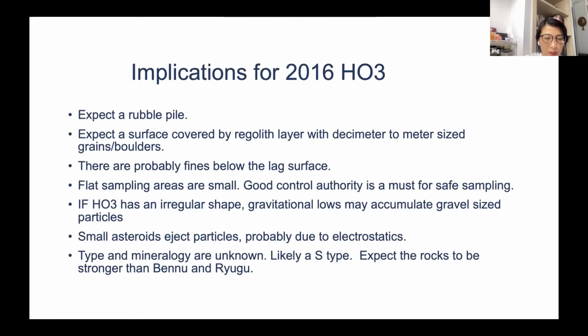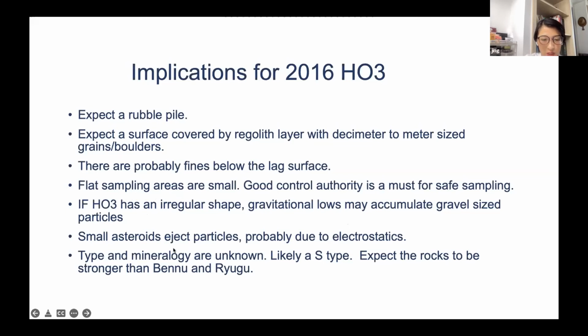Probably we can have fine grains below the lag surface if we also make a hole in this surface. It's possible to find a flat sampling area even if it's an irregular shape. And then we need a very good control of the attitude.